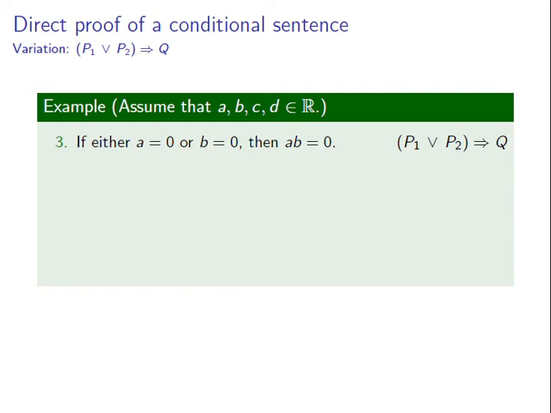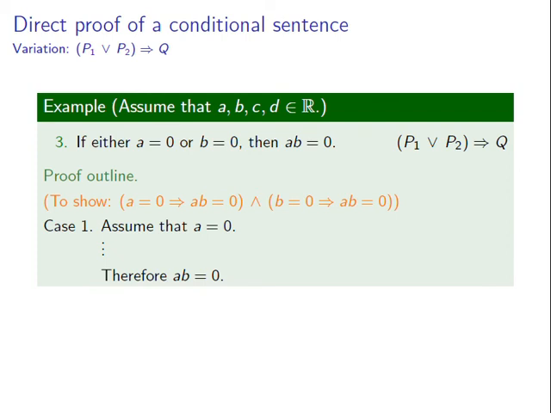Then the claim is a conditional sentence whose antecedent is the disjunction of P1 and P2, and whose consequent is Q. To prove the claim, we need to show that if A equals 0, then AB equals 0, and if B equals 0, then AB equals 0. Our proof will have two parts. For case 1, we assume that A equals 0 and deduce the condition AB equals 0. For case 2, we assume that B equals 0 and deduce the condition AB equals 0.